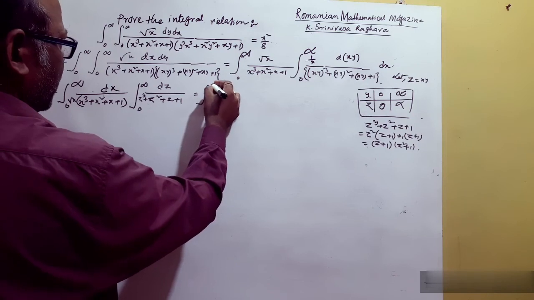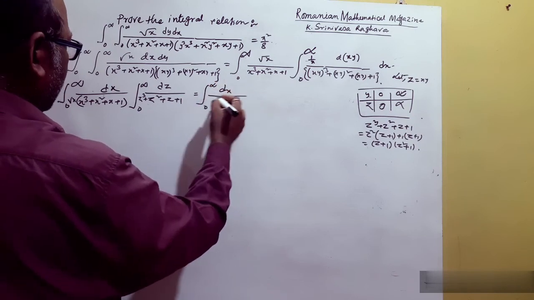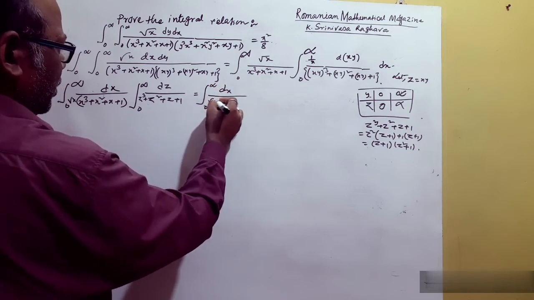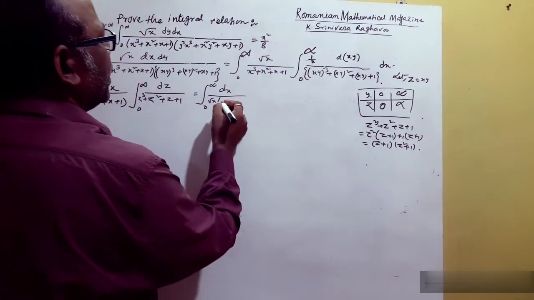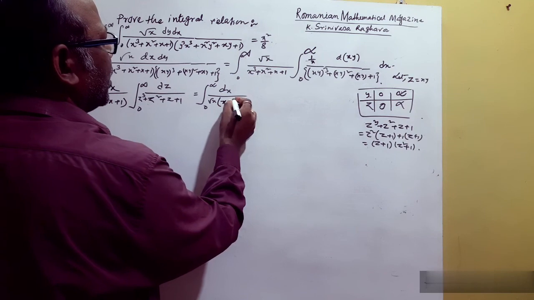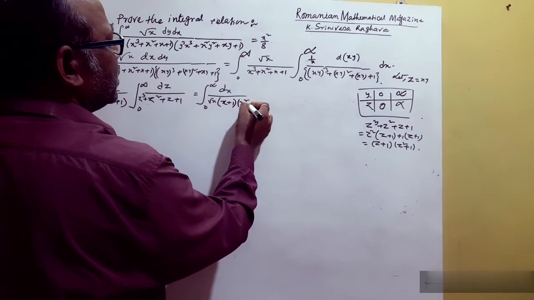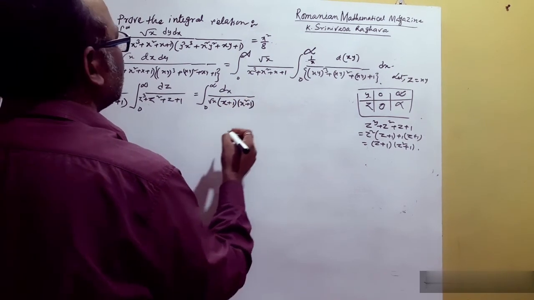So 0 to infinity dx by root x, and if we factor this, we get x plus 1 and x square plus 1.